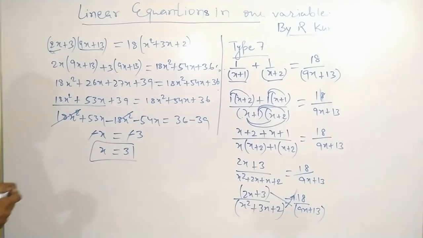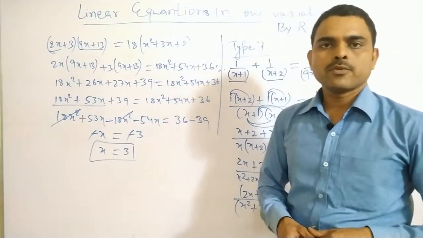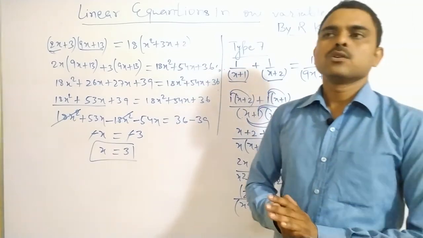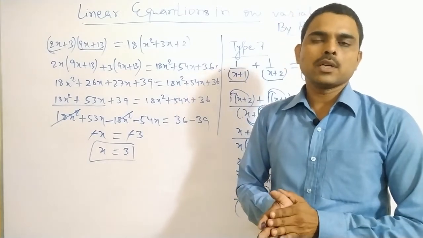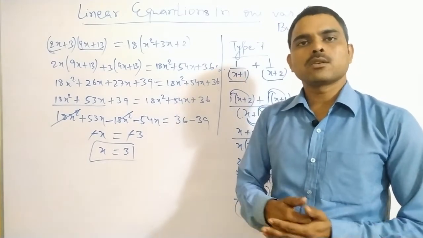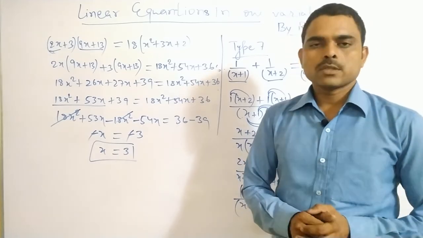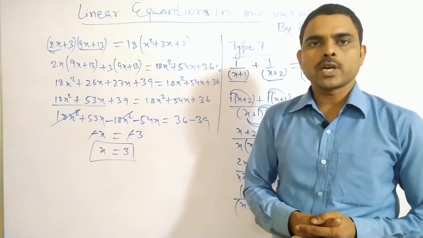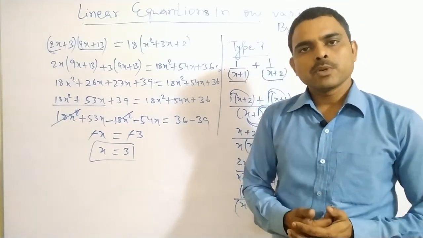Okay, so here we have seen 7 different type of questions. In all the different type of questions we have done common thing, and that is, first we have tried to keep all the x related terms one side and the constant term another side. Okay, in few questions we have seen that the terms are not given in its simplest form. So first of all we will simplify it.